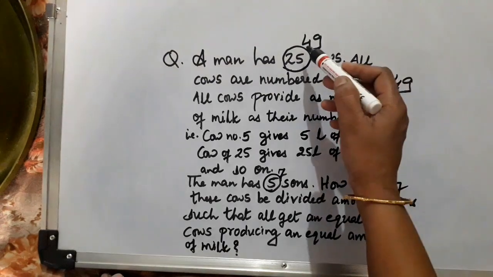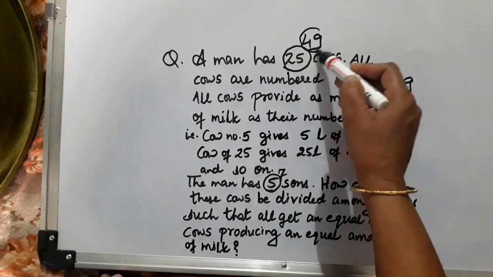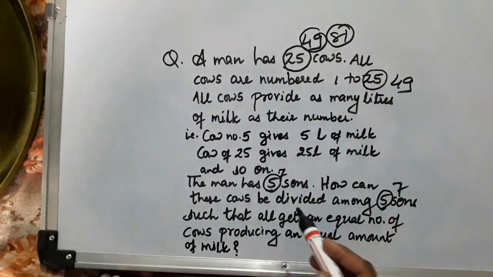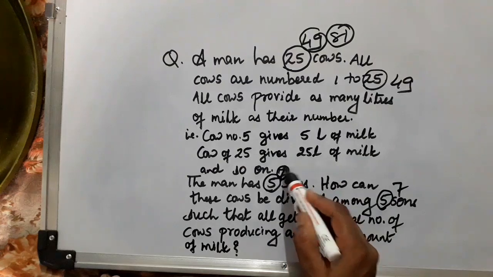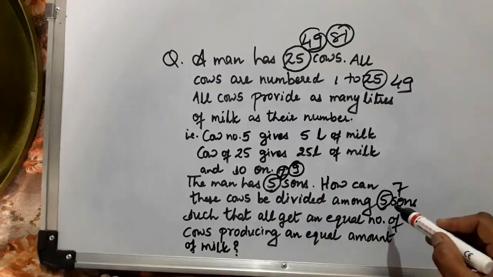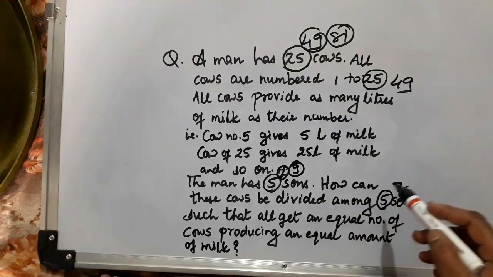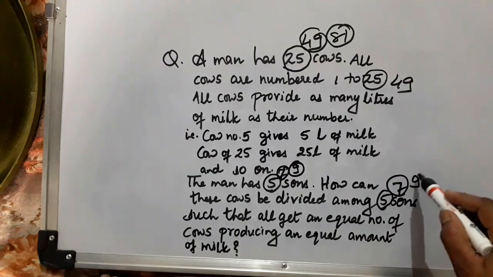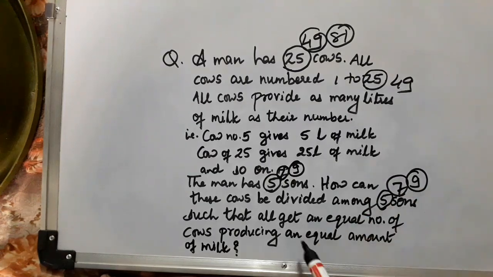Or 49 can be replaced as 81 cows, and then in place of 7 you may have 9 sons. And how can these cows be divided among 9 sons so that each son gets an equal number of cows producing an equal amount of milk? Now, how to solve it?